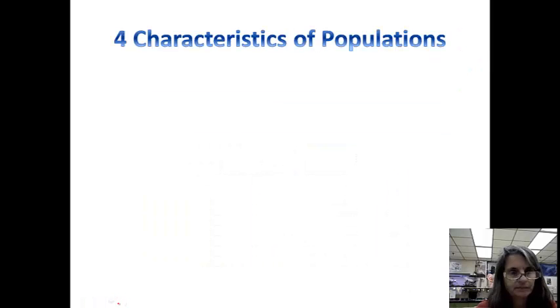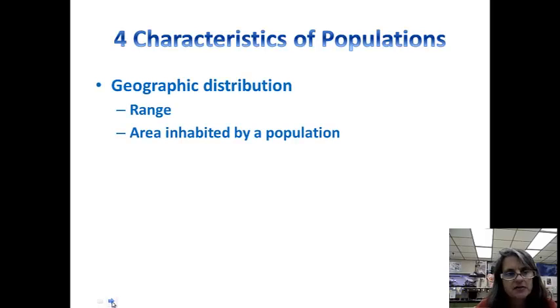Now, when we're studying populations, there are, according to your textbook at least, 4 main characteristics of populations that we can study. First of all, where are they on the planet? What is their geographic distribution? Their range? How far can they go before it gets too cold for them, perhaps? So the overall geographic area inhabited by a population.